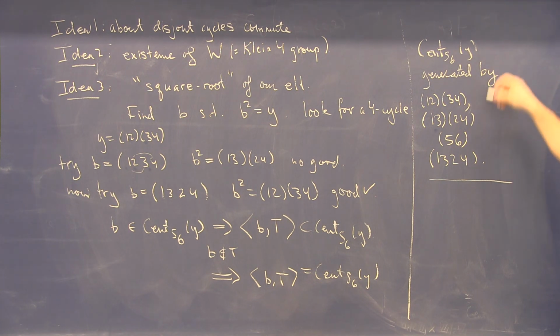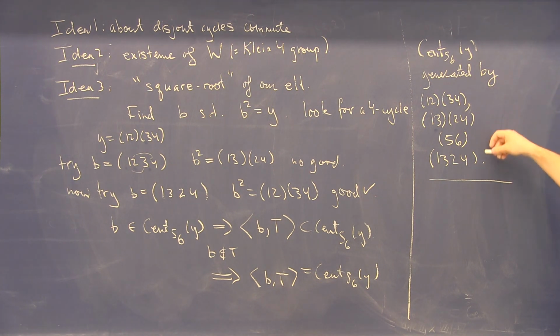Note that we don't have to write down all 16 elements to understand what's going on. It's enough to give these generators and to understand the relations between them.